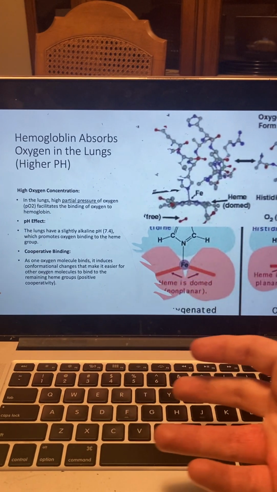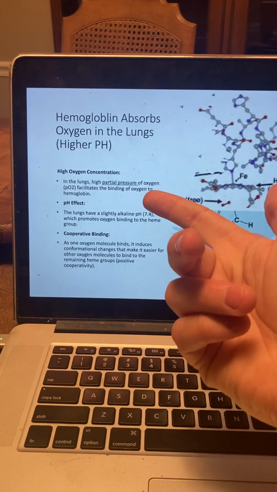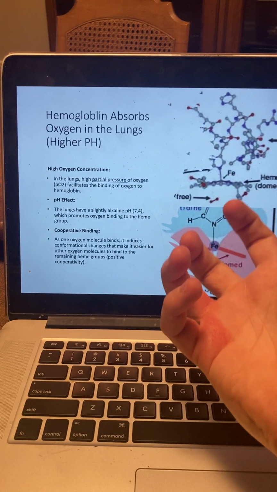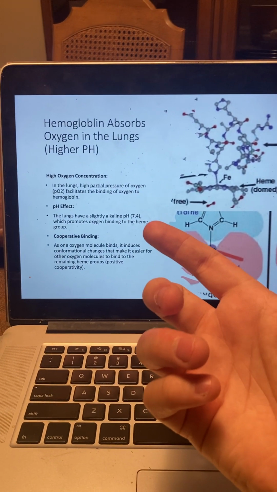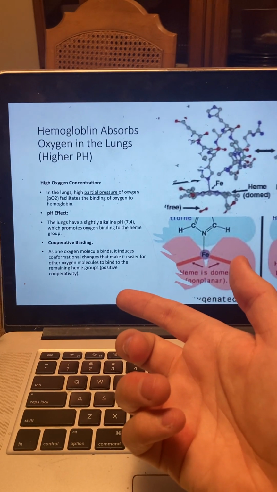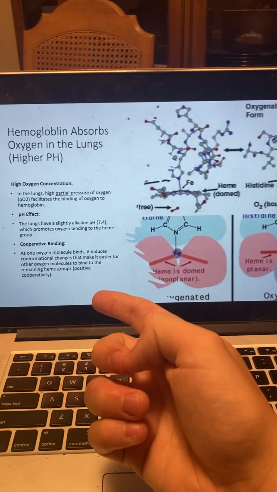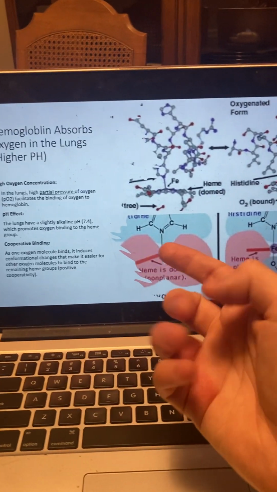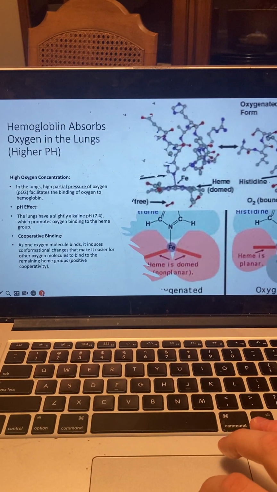These are all reasons why it gets bound in the lungs in the first place. It's the pressure, for one. There's more oxygen, and the physical pressure speeds up the reaction. There's also a slightly basic pH, which means there are fewer hydrogens competing with this site right here. And there's that cooperative structure, which essentially means that when one goes, the rest go.